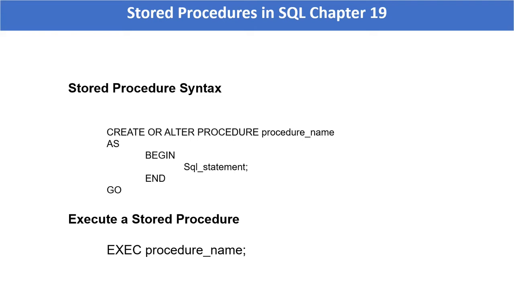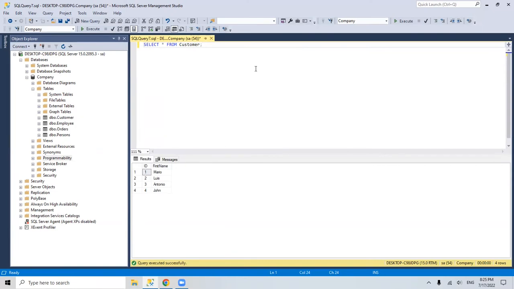Now, let's go to Management Studio to see some examples. First, execute this command. That is the statement we're going to use for this example. So let's do a basic stored procedure with this statement. Let's say we want to store a command that selects all from customer to display all the records in the customer table.